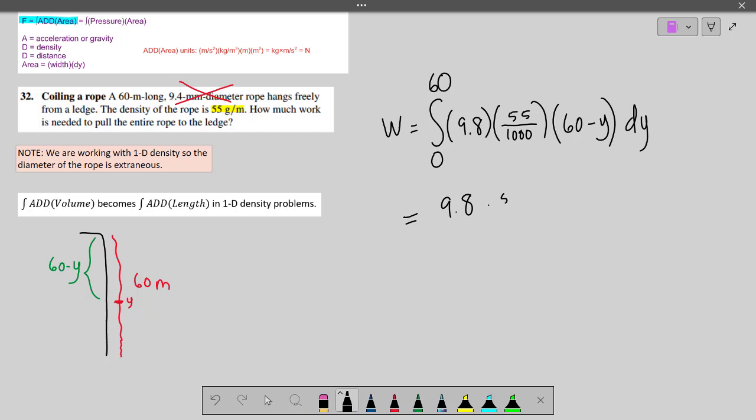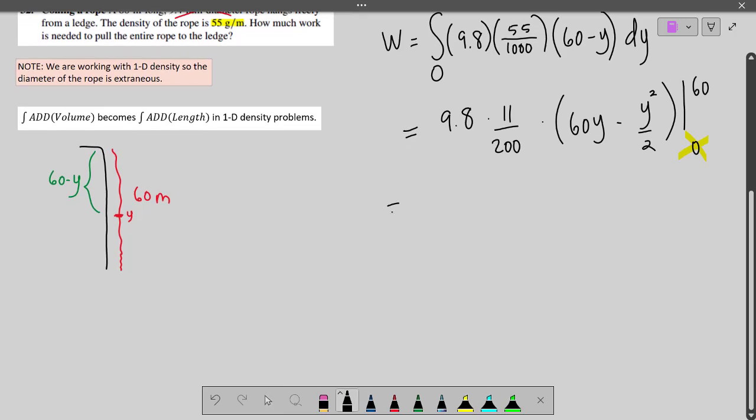So this will be 9.8 multiplied by 55. Oh, I guess we can simplify that a little bit. 5 goes into there 11 times. 5 goes into there 200 times. Integrating this is going to give 60y minus 1/2 y squared from 0 to 60. 0 will contribute no work.